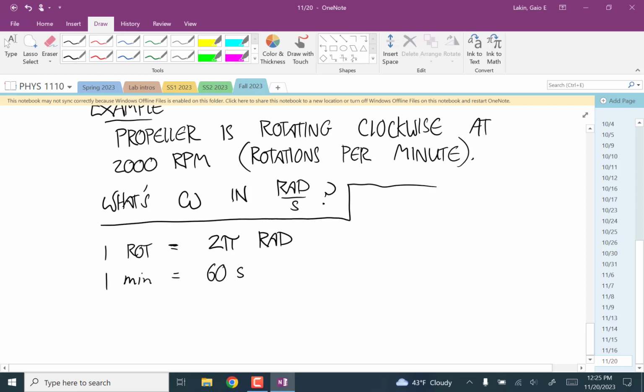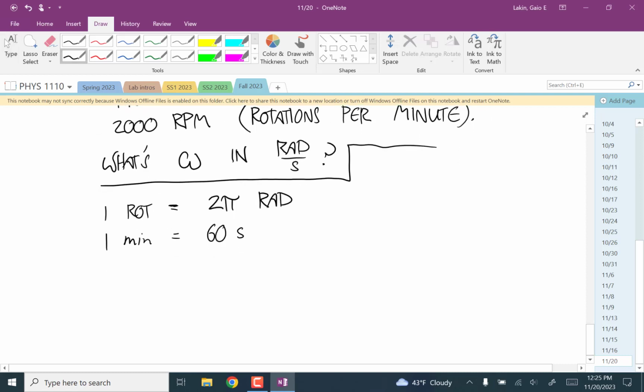Okay. So the angular speed, just the pure angular change in the angle divided by the elapsed time, is 2,000 rotations per minute.